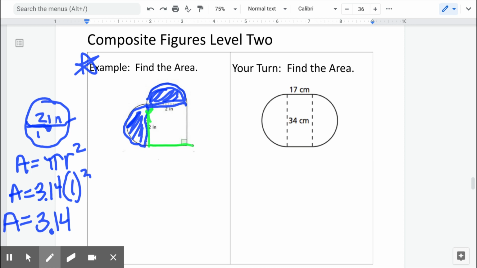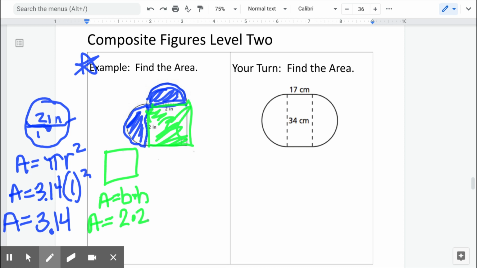The next shape I see is a square here. To find the area of this square, I'm going to do base times height. Both the base and the height have a length of 2, so 2 times 2.